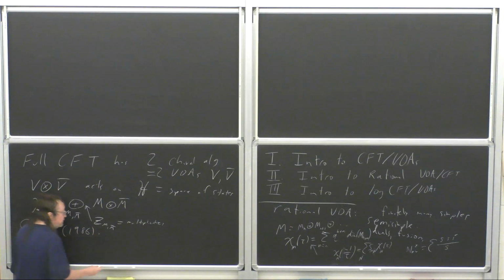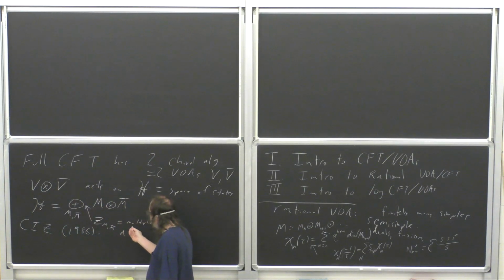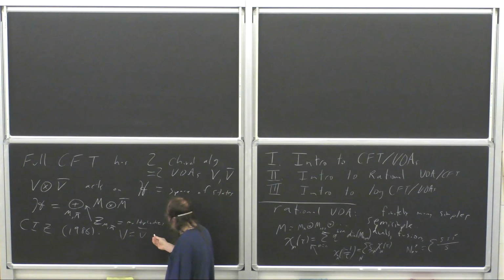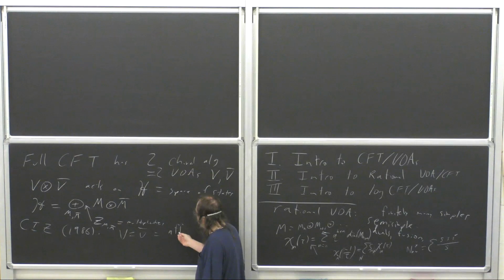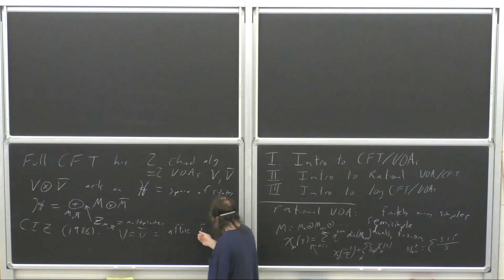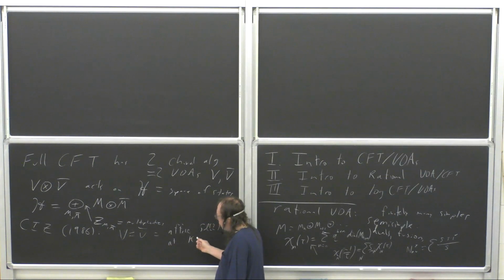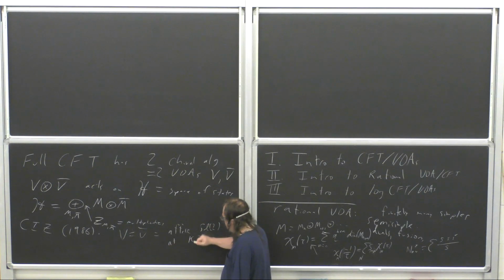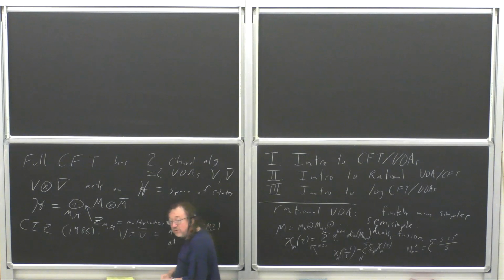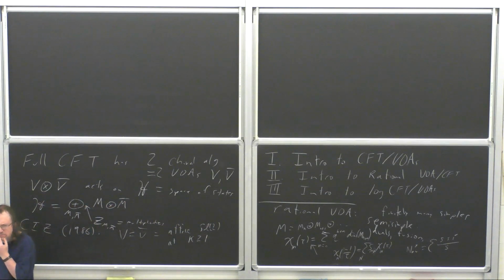They did this for the affine, so when V and V bar are the affine SL2 VOA at positive integer level K. And they found, what did they find? Does anyone remember?